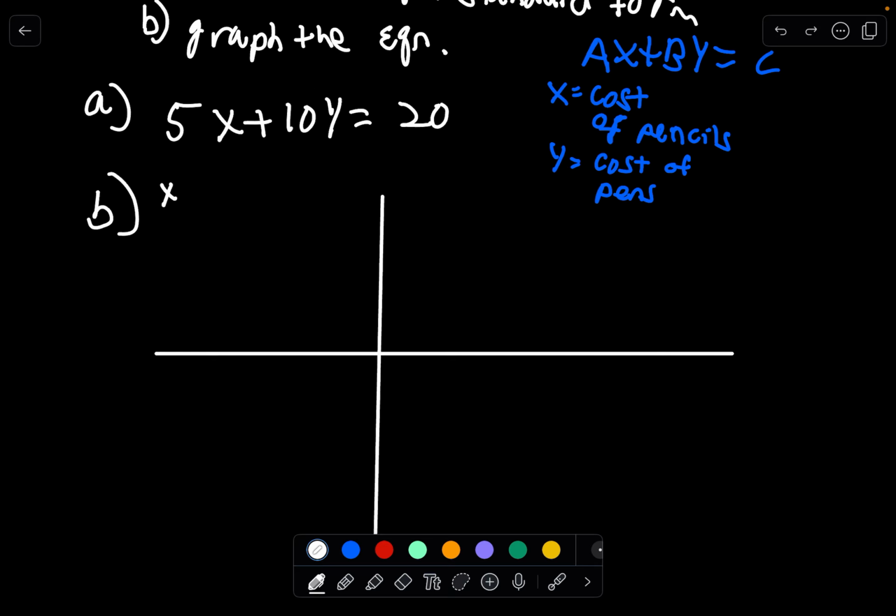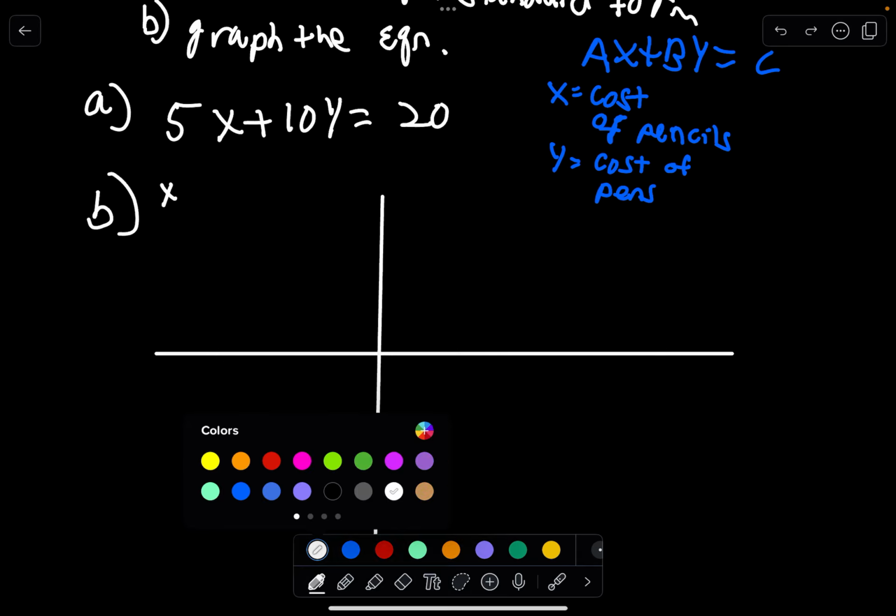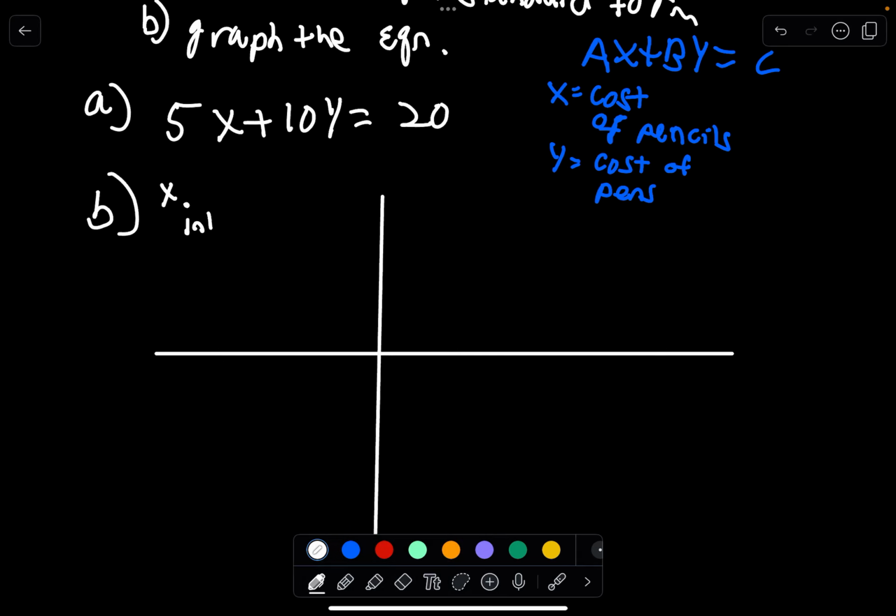Let me undo that. So the x-intercept equals 20 divided by 5, which is 4. So 1, 2, 3, 4.